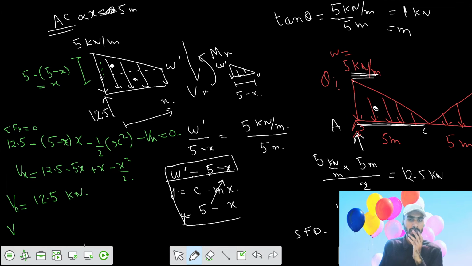For the shear force at x equals 5 meter, substituting x equals 5, we get 12.5 minus 5 into 5 plus x square minus x squared by 2, so 25 minus 25 by 2.